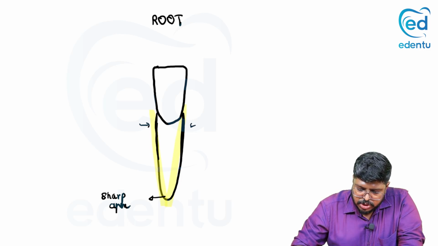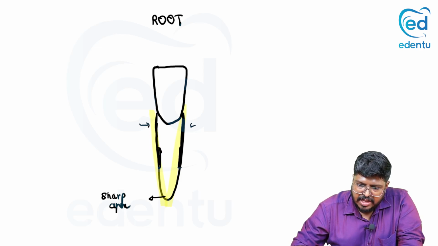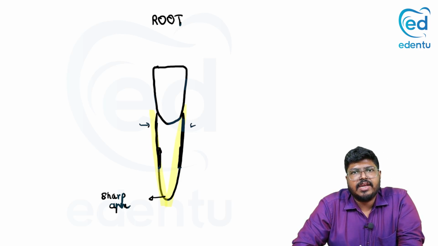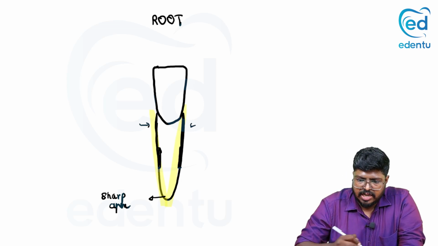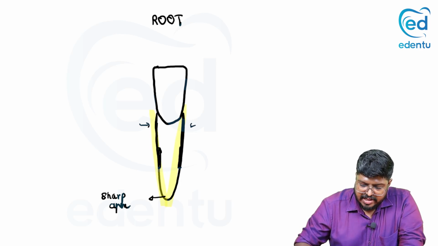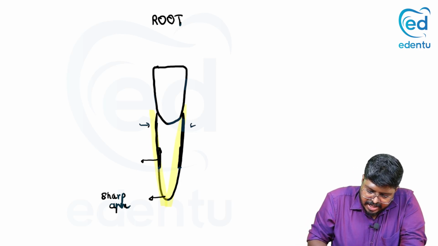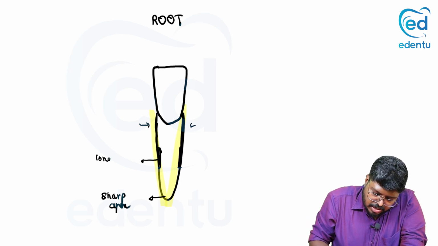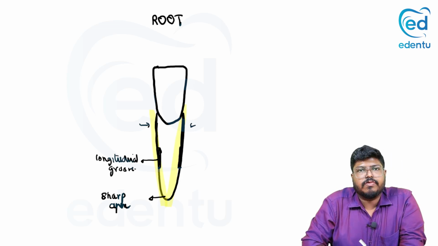Usually, at the mesial and distal portions, there might be a slight flattening at the level of the middle third. This slight flattening can also appear as a root concavity in some mandibular central incisors. This root concavity is called the longitudinal groove.